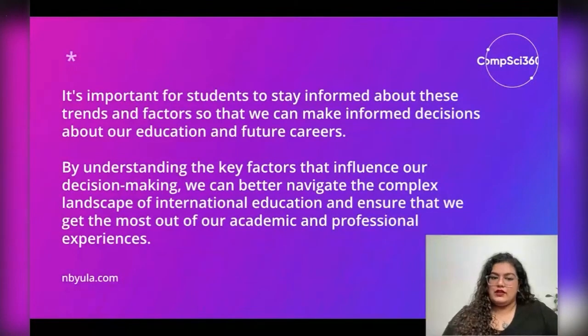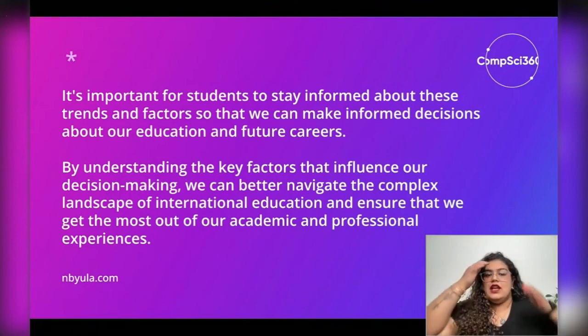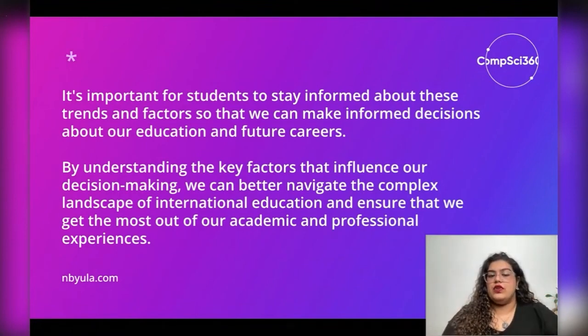By understanding the key factors that influence your decision making, you can better navigate the complex landscape of international education and ensure that you get the most out of your academic and professional experience. It is one thing to know that if I study in this university, I will get a job and start earning. But it is another thing to learn the factors behind it, to understand that there are so many things that go into selecting a job and landing the job of your dreams.